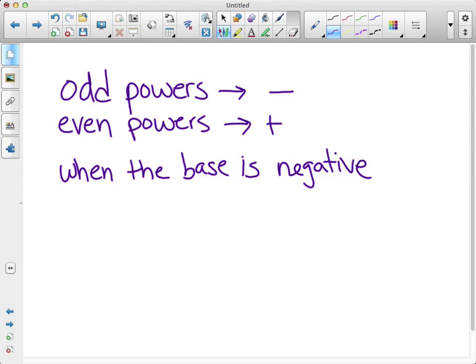So anytime I would have a negative x to the n power, if n is odd, it's negative. If n is even, it will be positive.